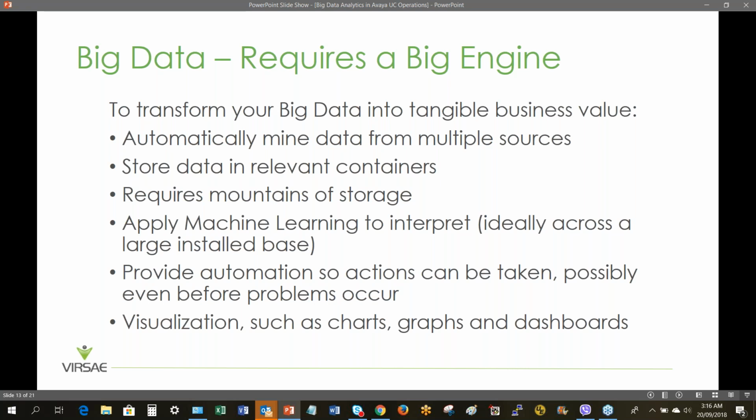That automation, if that can be scripted, can prevent that outage from happening in the first place. So the ability to not only learn and detect what's going on, but to provide automation so that those outages can be prevented 24 hours a day, 7 days a week. And of course, taking all that big data and visualizing it for humans, charts, graphs, dashboards is really important.